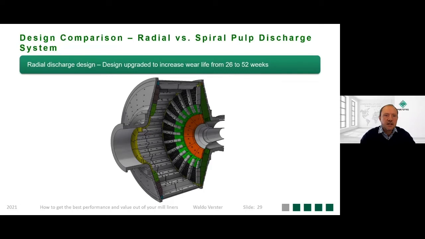This slide shows the radial design. It's already the upgraded design where we've increased the wear life from 26 to 52 weeks. We've increased the lifter bar height significantly, as well as the width of the lifter bar. The grate plate itself is the Multotec Multomed design, which is basically a combination of rubber and Hardox 500, also to counter the wear.